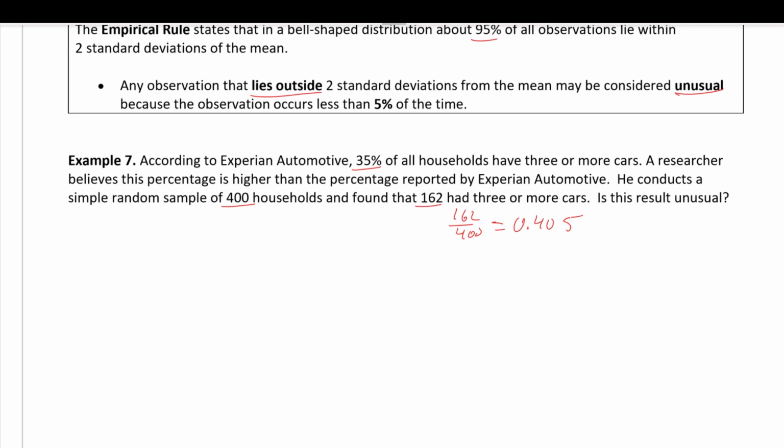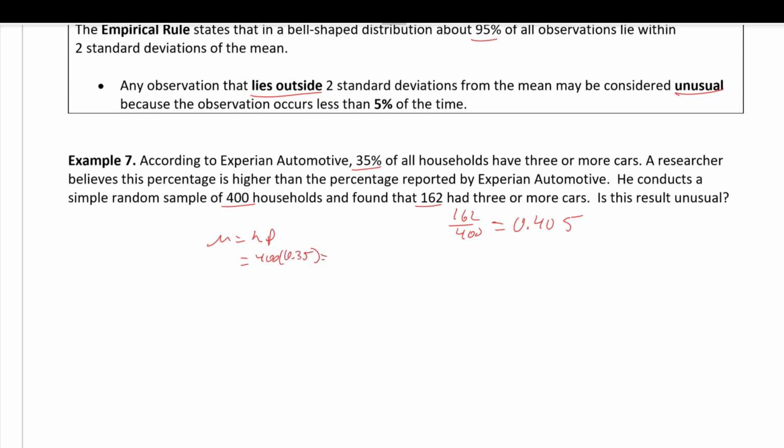And what should it be? Well, what do we expect it to be if 35% of all households out of these 400 actually have 3 or more cars? Well, we expect it to be n, which is our 400, times p. 400 times 0.35.